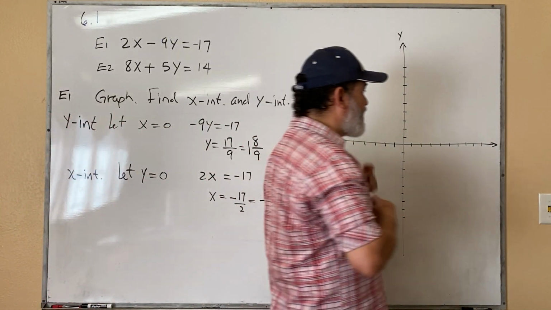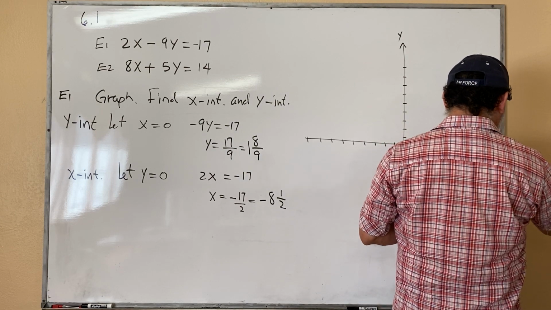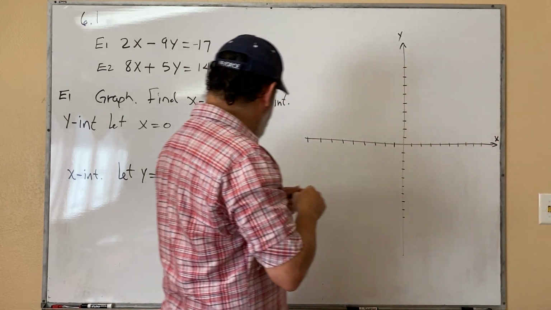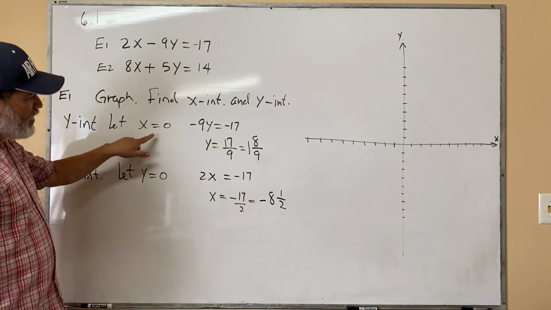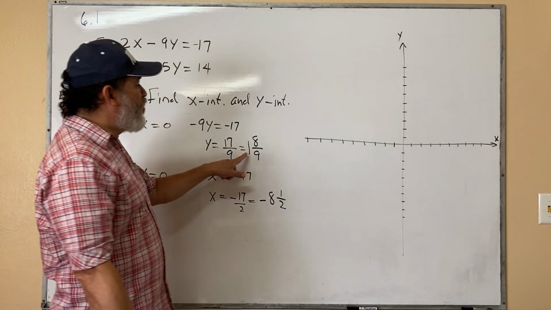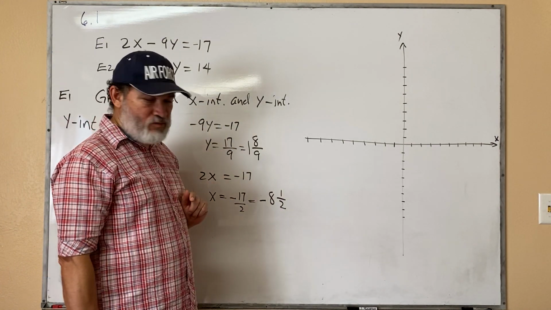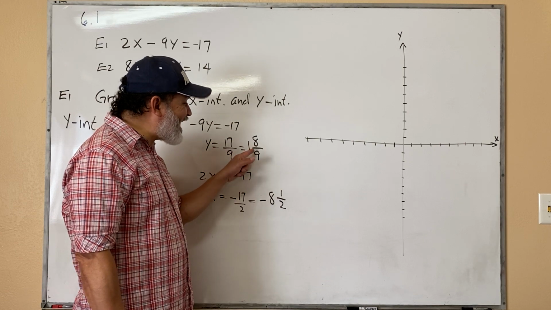So this is x, and that's y. The first one: when x is 0, y is almost 2, 1 and 8/9.